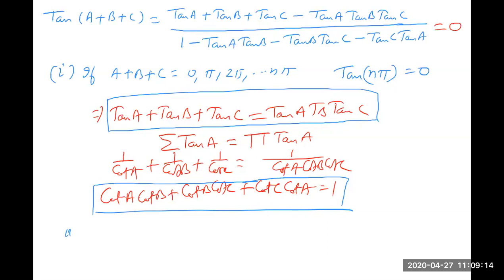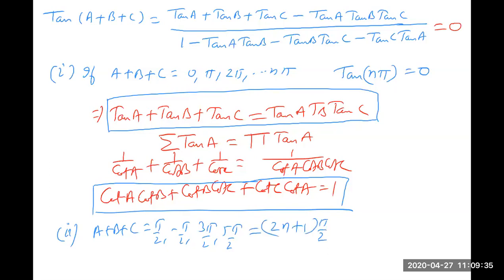Second, if A+B+C is equal to pi by 2 or minus pi by 2 or 3 pi by 2 or 5 pi by 2, etc., or minus 5 pi by 2, or in simple terms (2n+1) pi by 2, where n is any integer. Because then tan(A+B+C) is tan of pi by 2, and tan pi by 2 is how much?